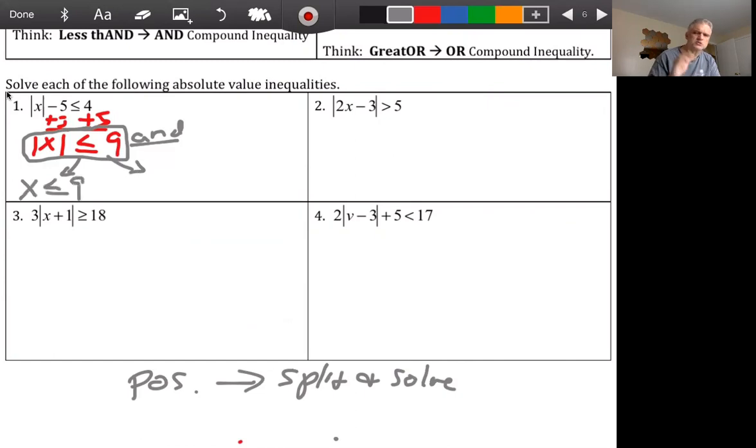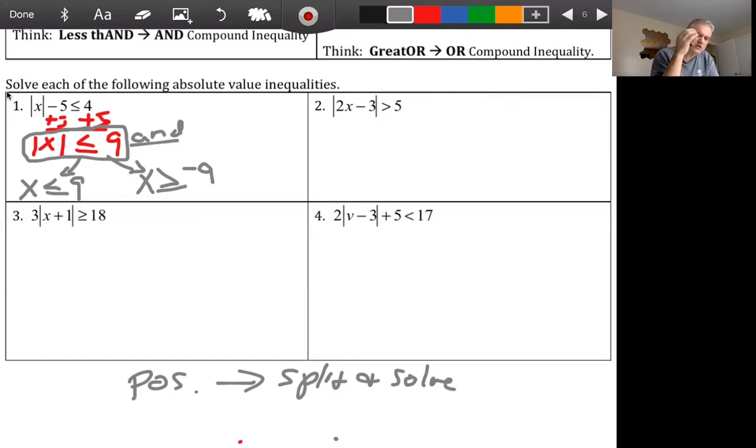I'm going to drop those sticks, say that x could be less than or equal to 9. At the same time, again, drop the sticks, the x. Now we're going to turn the symbol, turn the inequality, and we're also going to change the sign of the number. Okay? So x is less than or equal to 9. x is greater than or equal to negative 9.